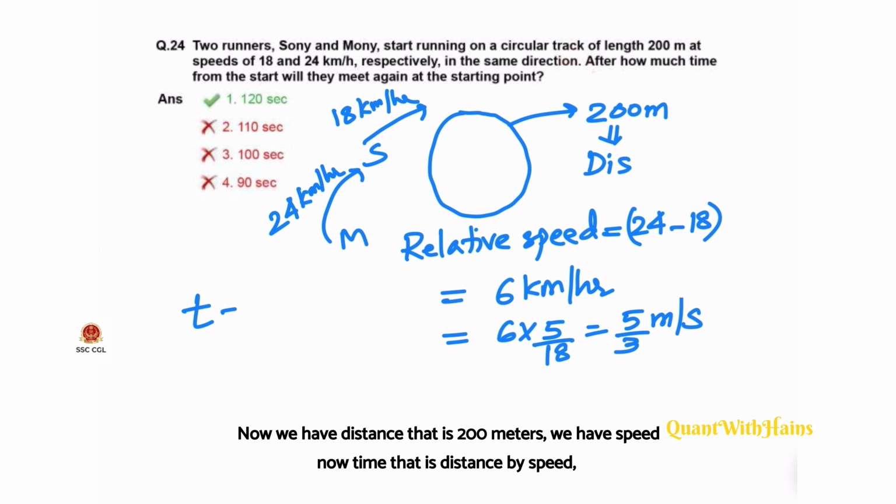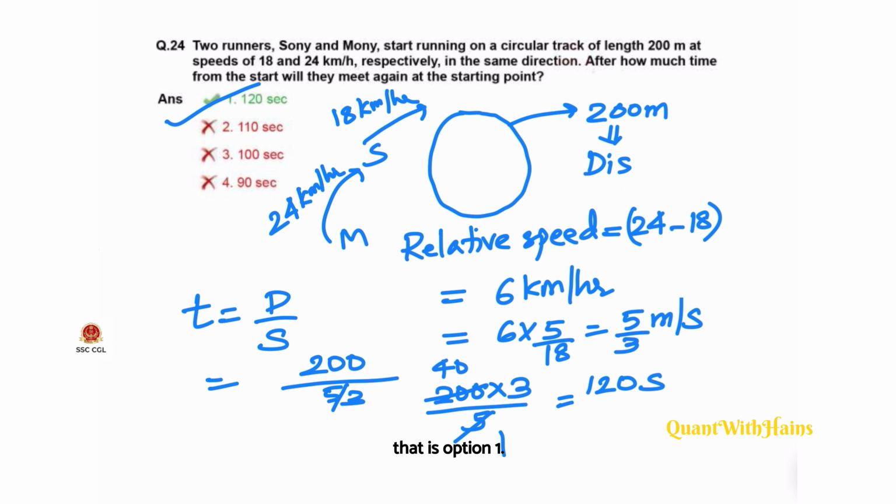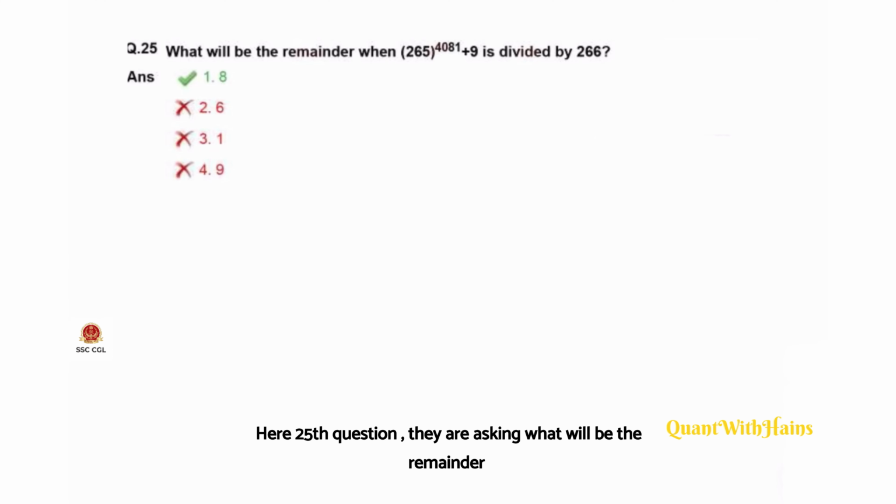Now time, that is distance by speed. Distance is 200, speed is 5 by 3. 200 divided by 5 by 3 becomes 200 times 3 by 5. 40 times 3 is 120 seconds. That is option 1.